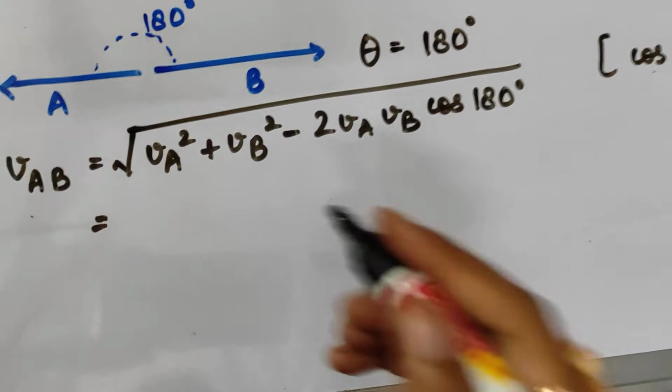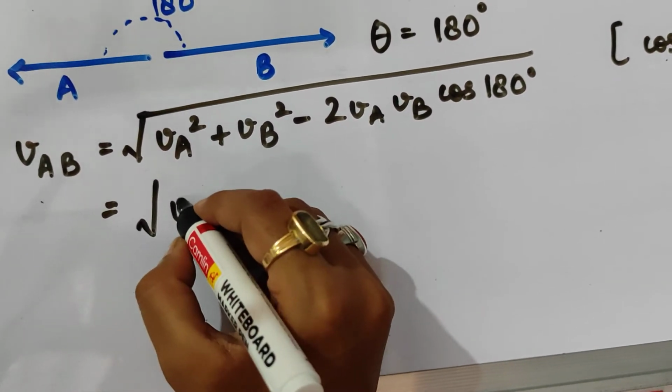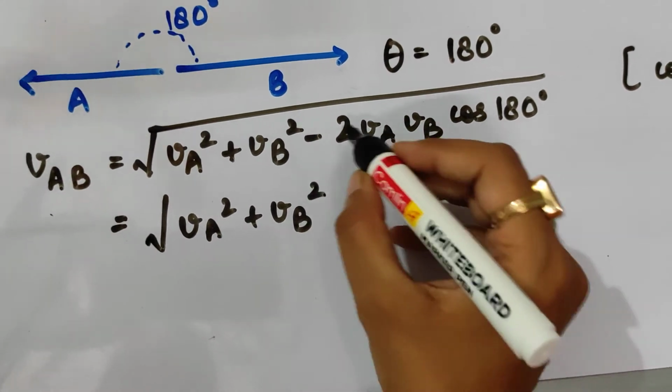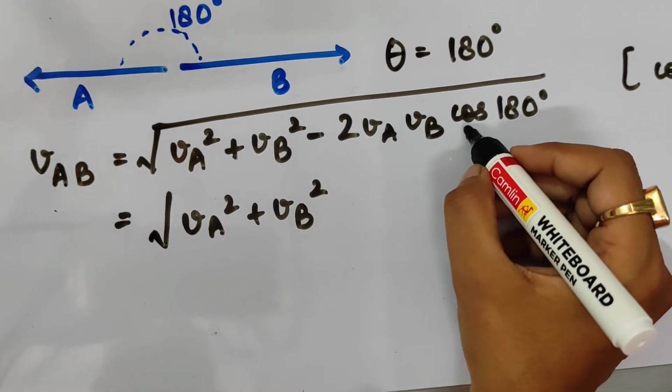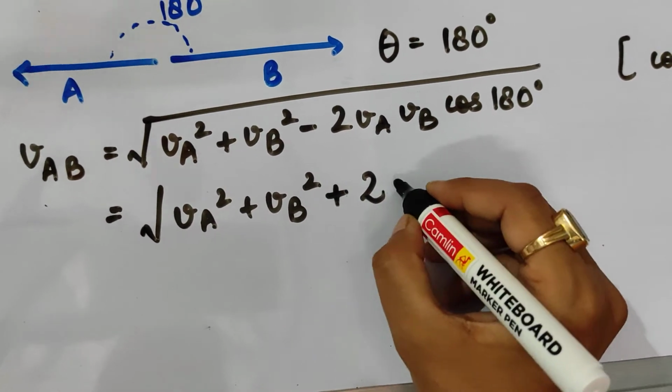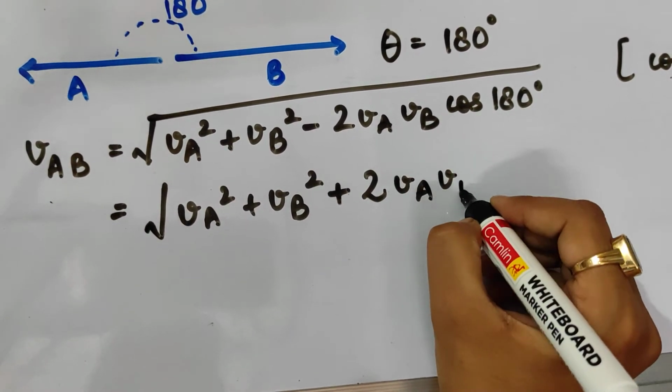So under the root we get VA square plus VB square, and minus of minus becomes plus, so we are left with plus 2 VA VB.